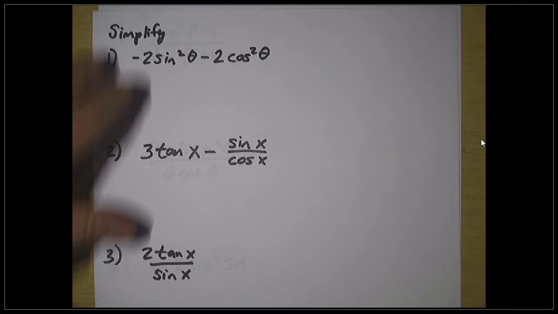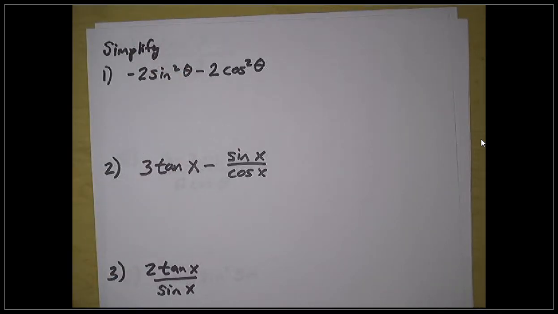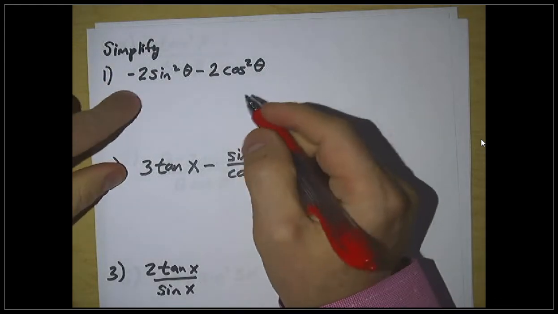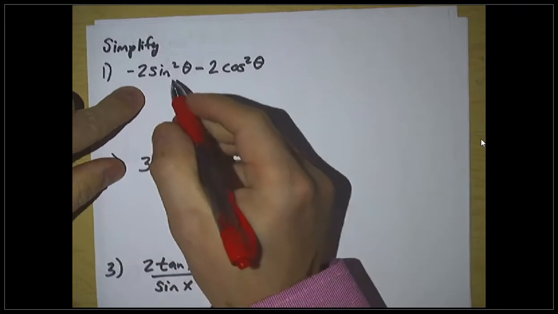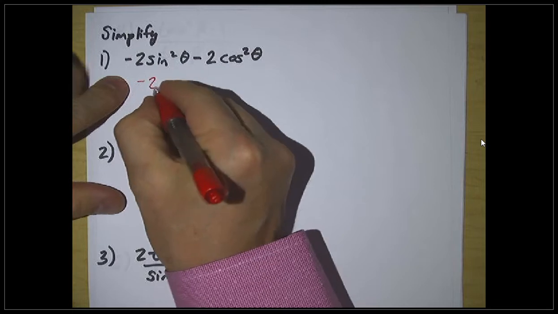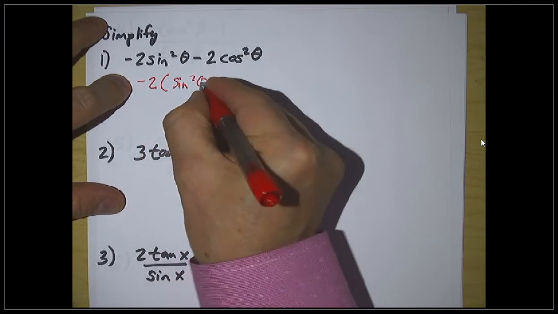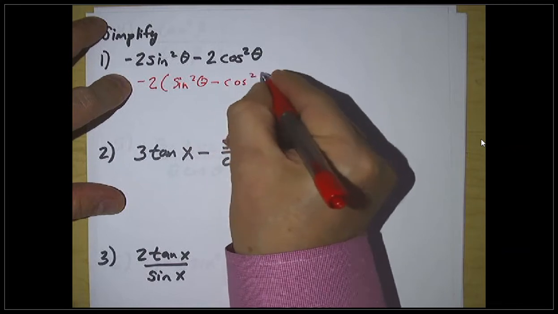All right, so the first problem that we have, and I lost my pen. So for our first problem, what I'm going to do is factor out a -2. So that's going to leave me with -2 times sine squared theta minus cosine squared theta.